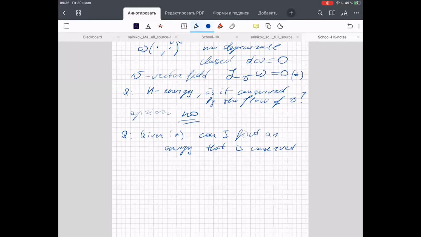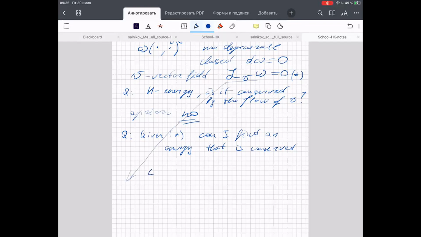Okay, I will now formulate the cleaner result. So what I want to find is actually some function that will be a Hamiltonian function for my vector field V. Okay, and what do I have as the conditions? So let me spell out this guy.